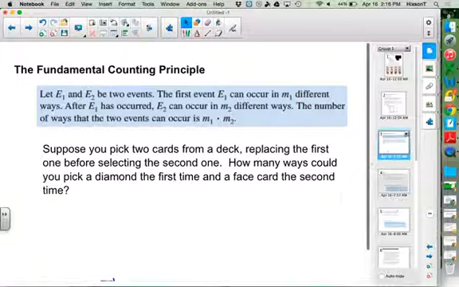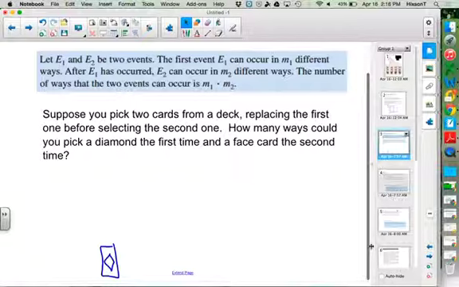Suppose you pick 2 cards from a deck, and you replace the first card before you draw the second one. So we are replacing. How many ways could you pick a diamond the first time and a face card the second time? A diamond is one of our suits.